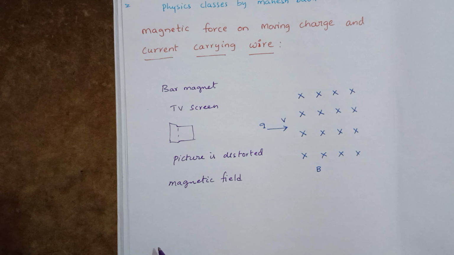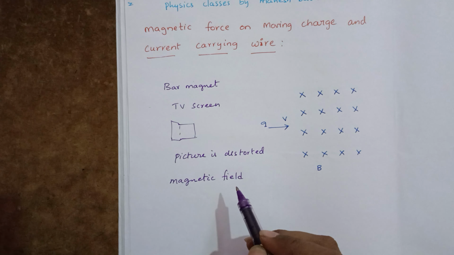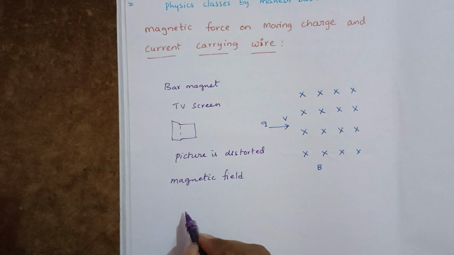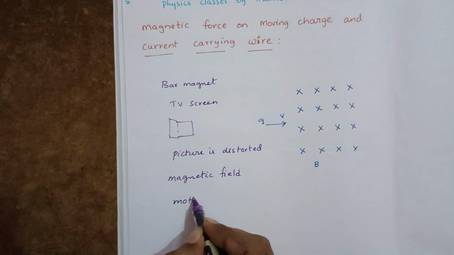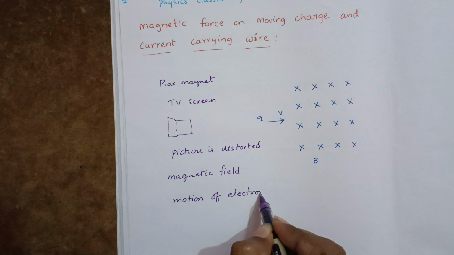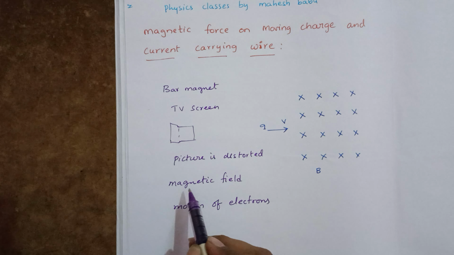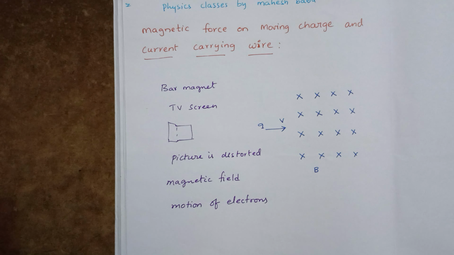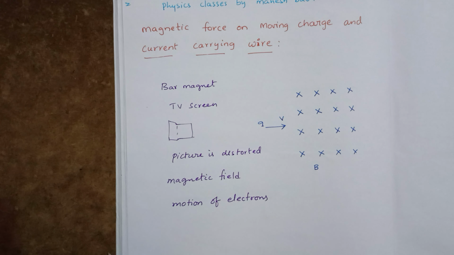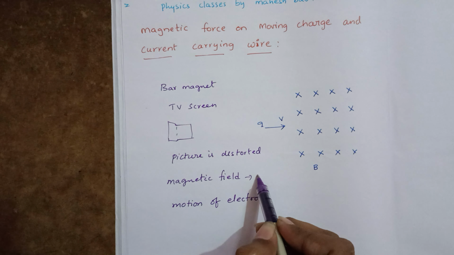influences the motion of the electrons. The motion of the electrons is affected by the magnetic field produced by the bar magnet.